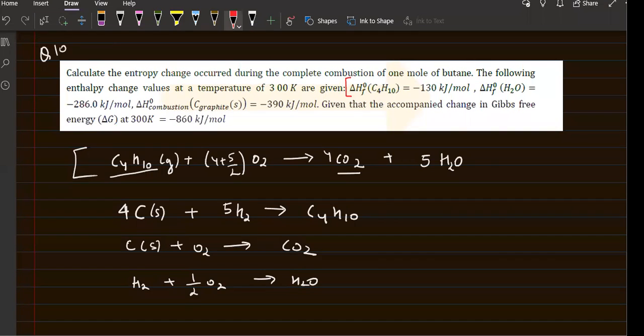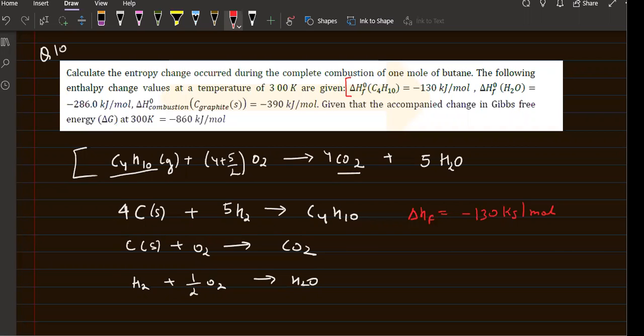So for this reaction, delta H formation is given, which is minus 130 kilojoule per mole. For CO2 it is also given. Tell me, it is given how much?